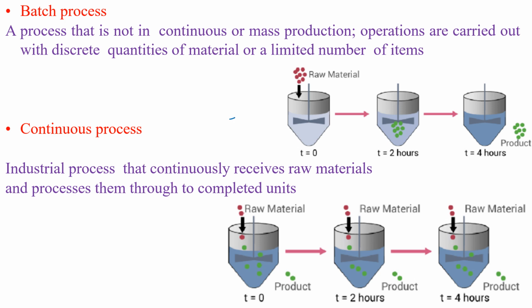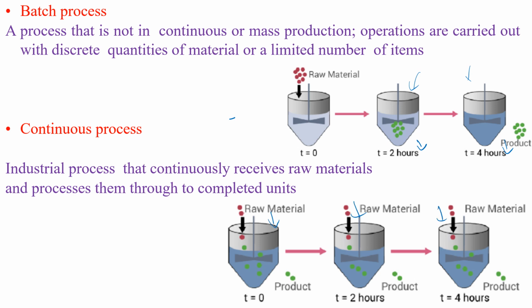So let us take these two examples. If you compare these two, in the first set, only once we have given the raw material, then we can remove the product. Here there is no raw material, only once we have given. Whereas in this case, we are feeding the raw material in all the stages.